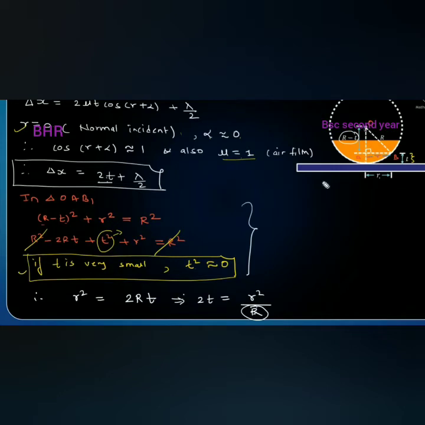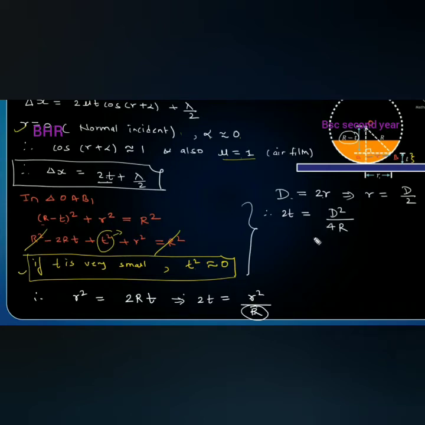Here small r is the radius of the nth ring. It is calculated from the diameter of the ring. So diameter D is equal to 2r. From this equation, r is equal to D by 2. Now by substituting the value of small r in the above equation, we get 2t is equal to D square by 4R.